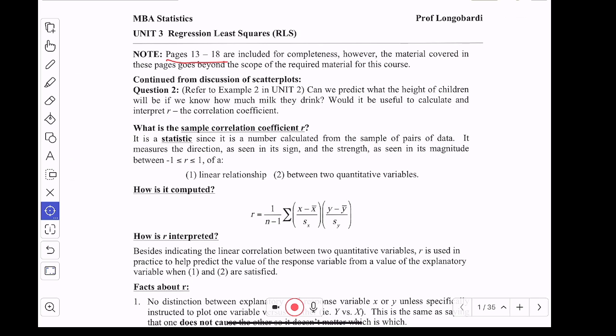So what is the sample correlation R? R is a statistic, right? Because it's calculated from the data. So it's from the data, from your sample. So it's a statistic. It's the statistic R. Now remember, all the statistics estimate a parameter, right?